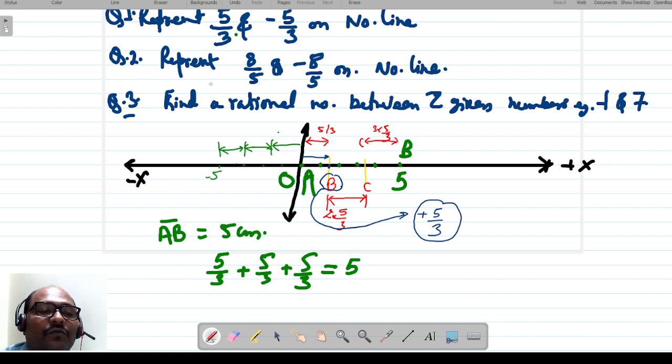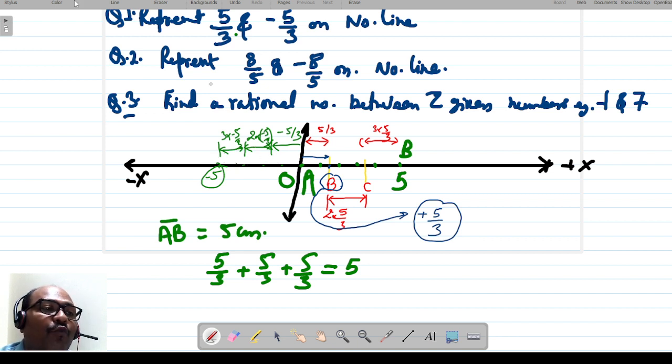This is equal to minus 5 by 3. This is equal to 2 into minus 5 by 3. This is equal to 3 into minus 5 by 3, which is equal to minus 5, right?